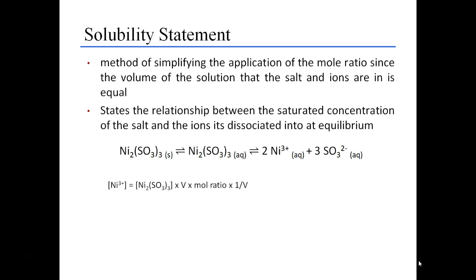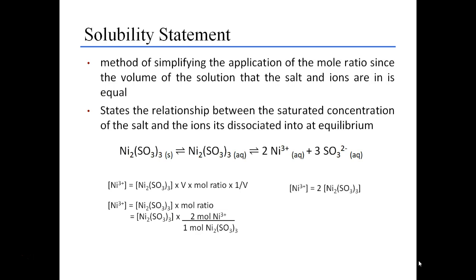Since the volume is the same, this simplifies to concentration times mole ratio. If I just get rid of the units, I get that the concentration of the nickel(III) ion is equal to 2 times the concentration of nickel(III) sulfite. I can rewrite this so that it's similar to our solubility statement, where we compare the amount of ions to the concentration of the slightly soluble salt.